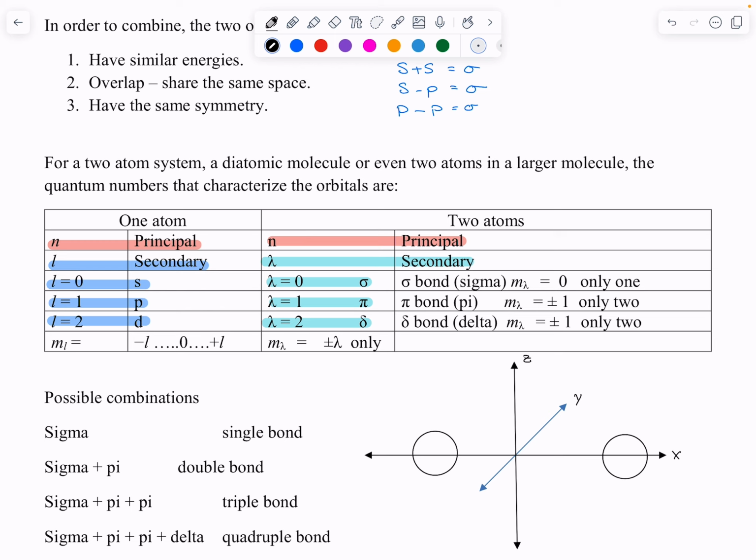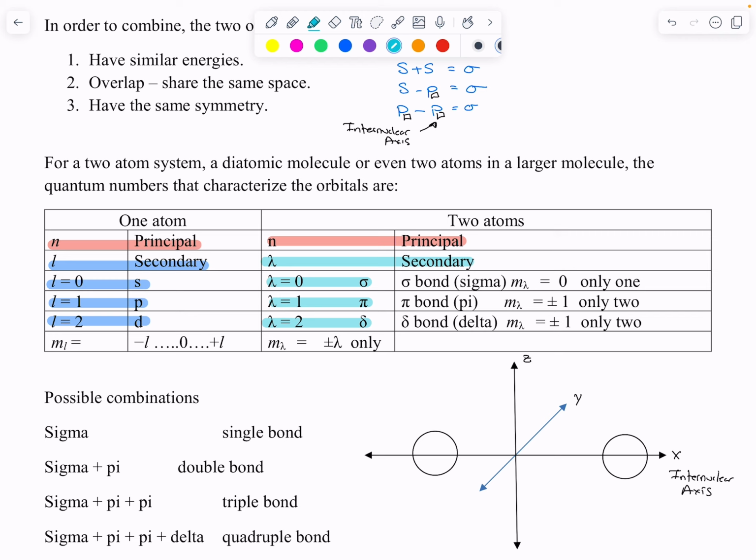It doesn't have to be X, it is in this case, but this would be the internuclear axis. That would have to be on the same axis, because a p on the axis, what's that going to look like?